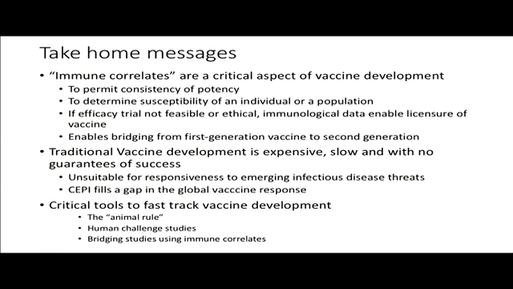It lets us throw poor vaccines out at an earlier time point if they fail in human challenge studies. And of course, again, back to immune correlates, bridging studies are crucial in going from one vaccine to a different type of vaccine. But if you hold the same immune correlate, you might expect to see the same sort of clinical benefits. So I'll leave it there and happy to take any questions.